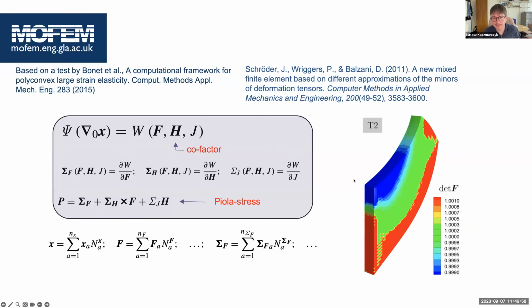The problem is that there is a large penalty on the change of the volume, so we don't have truly incompressible materials. Such materials do not exist. We have nearly incompressible materials. But when you solve those problems, we have this.